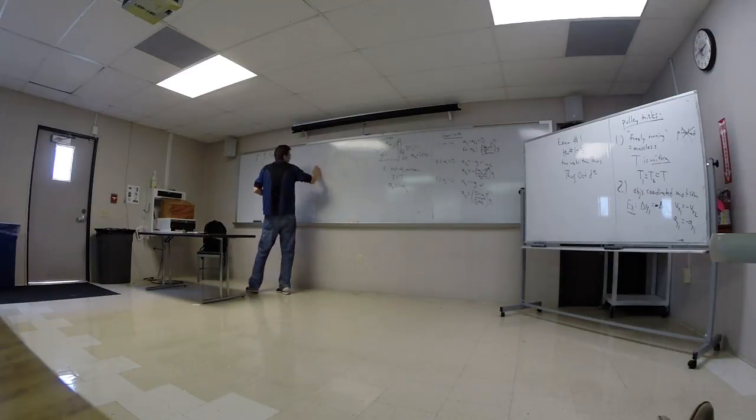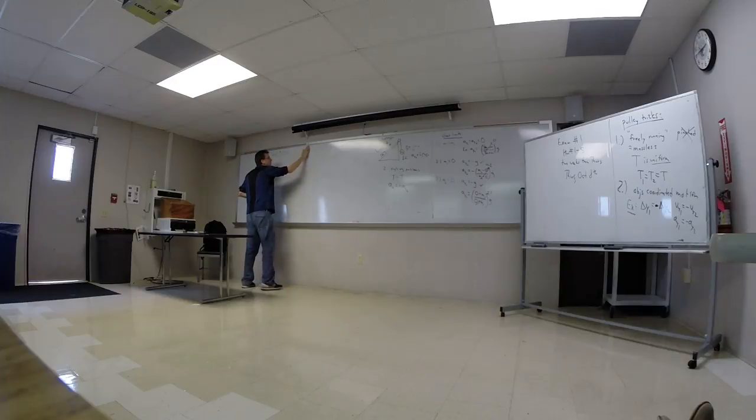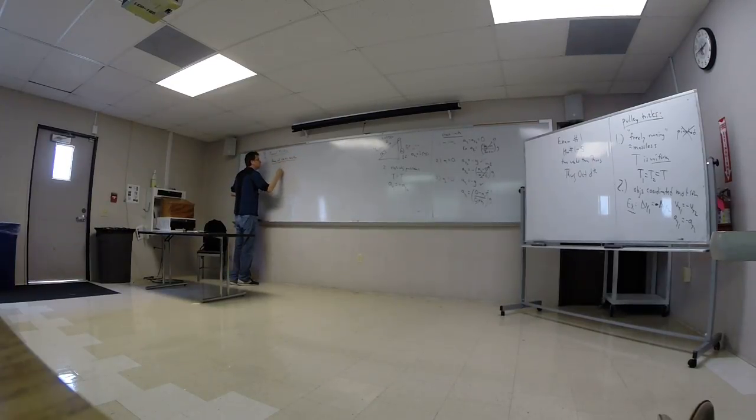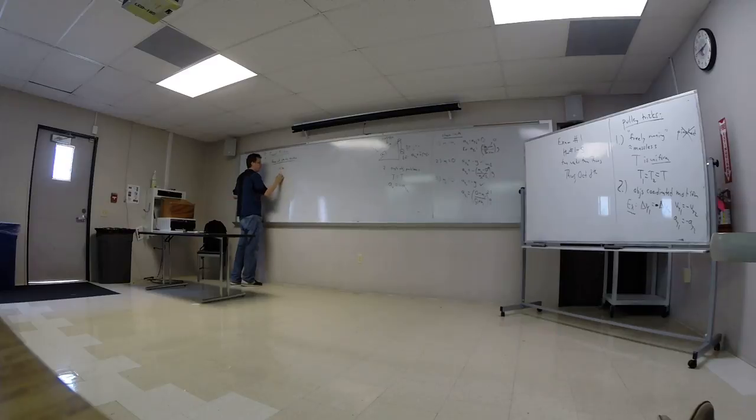So let me first write down. The force of friction is complicated enough. We want to split it off into a two-pronged attack. Force of static friction, so we need to discuss the size and direction.